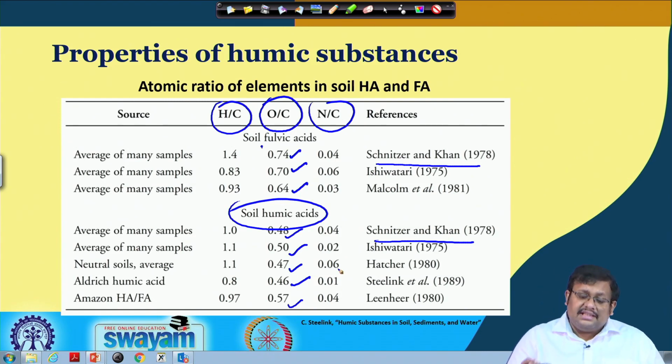So, one thing is clear that this OC ratio can be an important criterion for separating two different types of humic compounds, that means humic acid and fulvic acid.